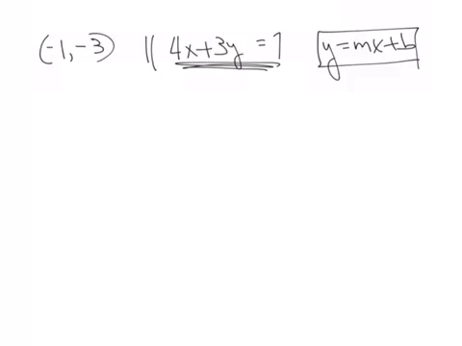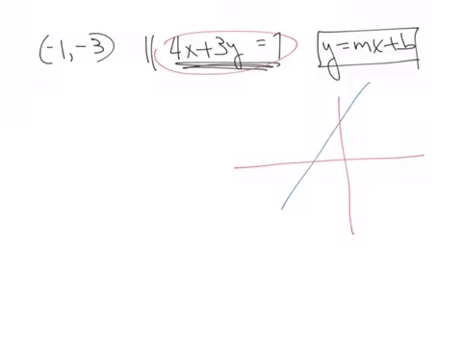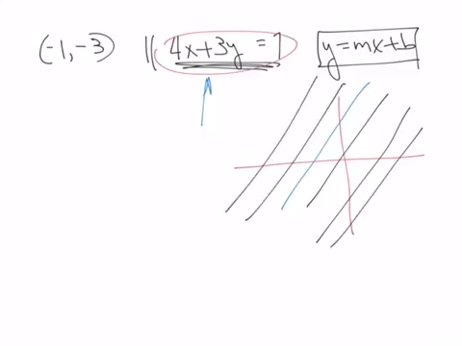So let's draw a picture here of exactly what we're looking for. Alright, so we have this line, and I'm just making this up. Let's say that the line is like right there. If we were to draw a picture of that line, that's what it looks like. There's another line that they want to know the equation of that has the same slope, so it's going to be something like this, somewhere along here, but it's going to go through -1, -3.